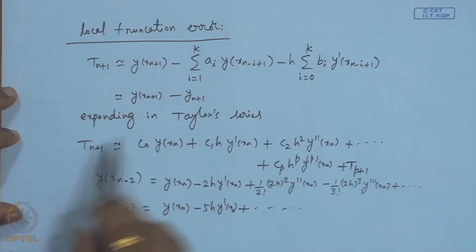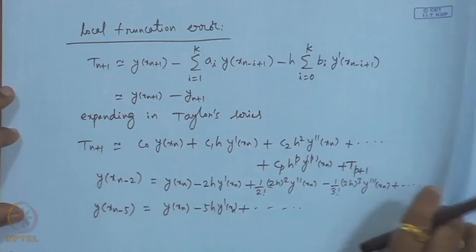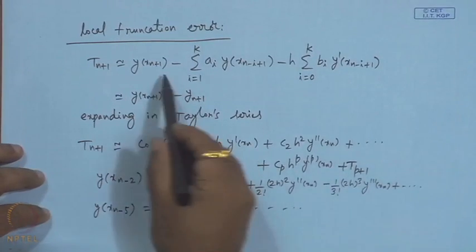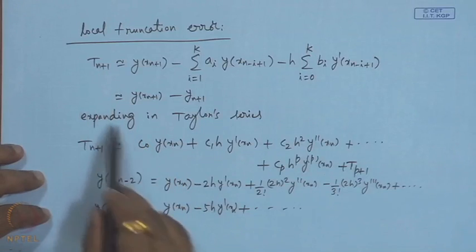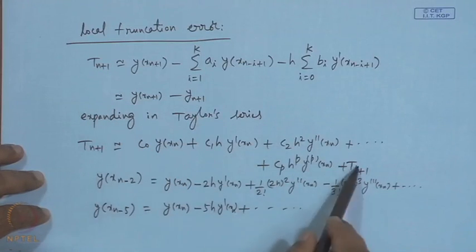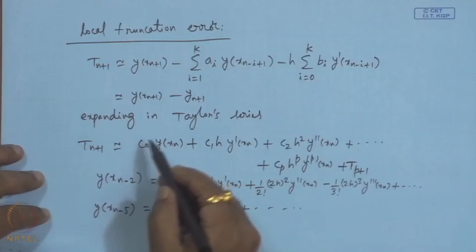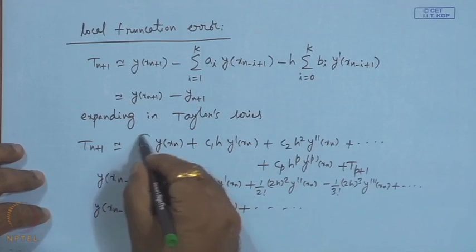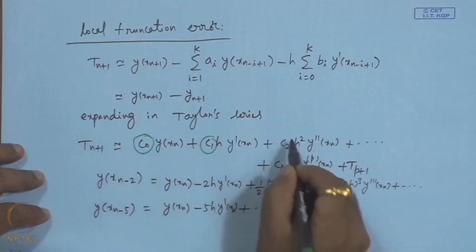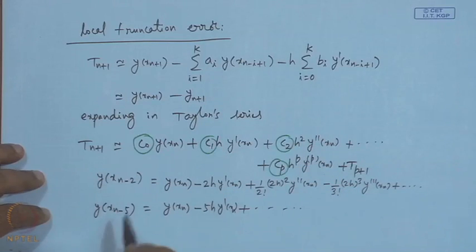Okay. So, that is how we get. So, therefore, if you take the difference and define it as T n plus 1 and expand in Taylor series, put it in this form, then we should try to identify these coefficients in terms of what? In terms of a i and b i's.